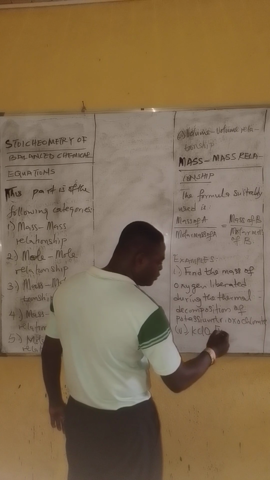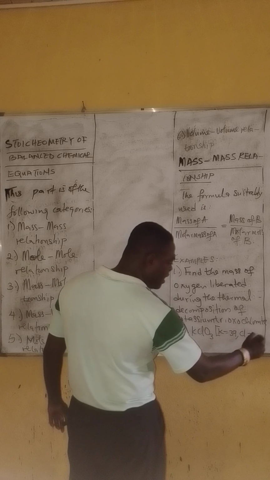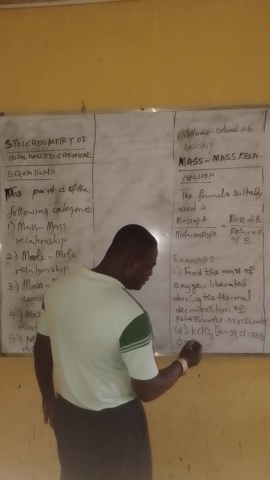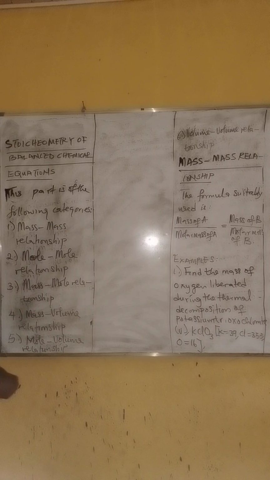Then you will be given potassium is 39, chlorine is 35.5, then oxygen is 16. This is the information, this is the question.